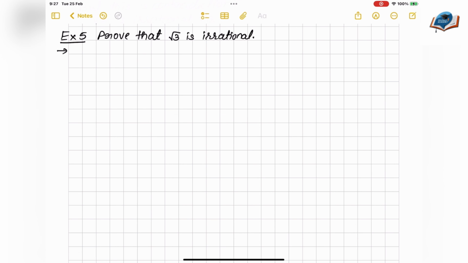Now, example 5 says, prove that root 3 is irrational. So, this also we are taking by the assumption method. Let us assume that root 3 is a rational number.